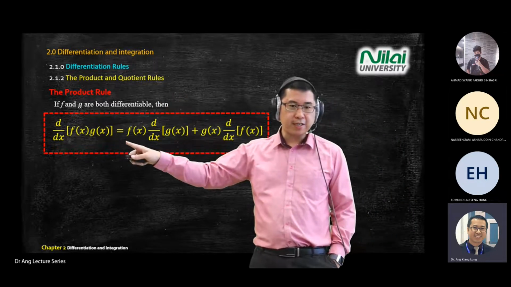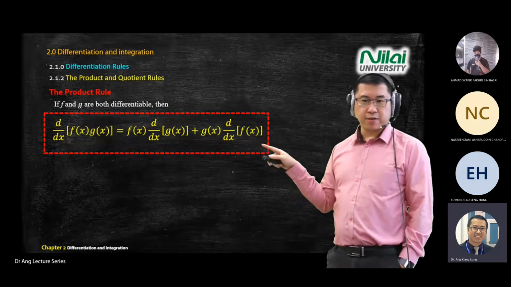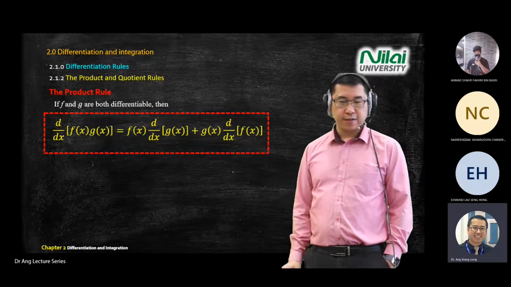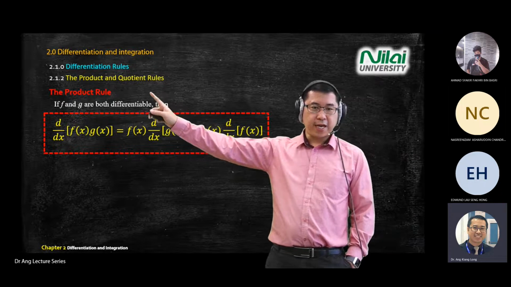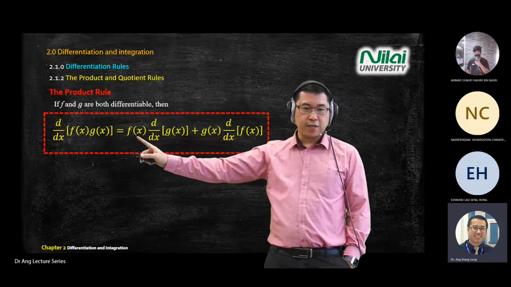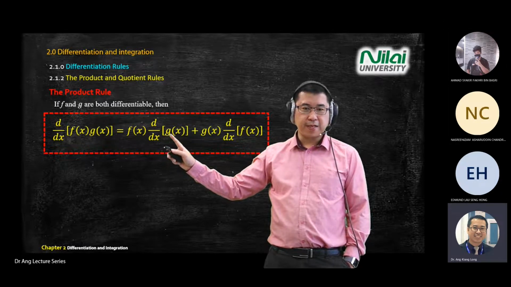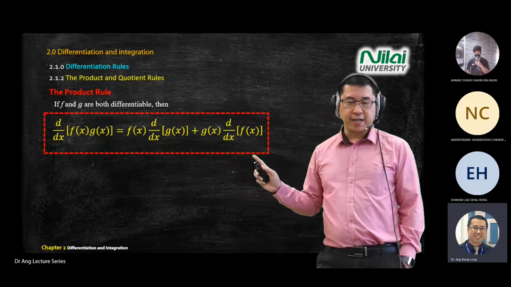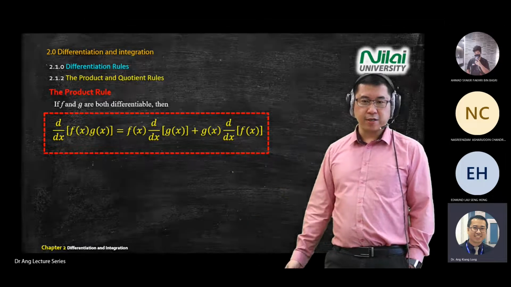Try to understand what this equation is about. Ask me questions if you don't understand. It means if you have a times b, you take a and then do dy/dx of b, plus b and then dy/dx of a. This is how you do it when you have a multiplication.